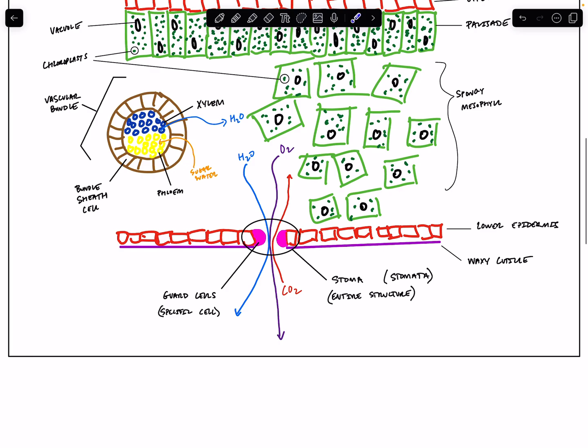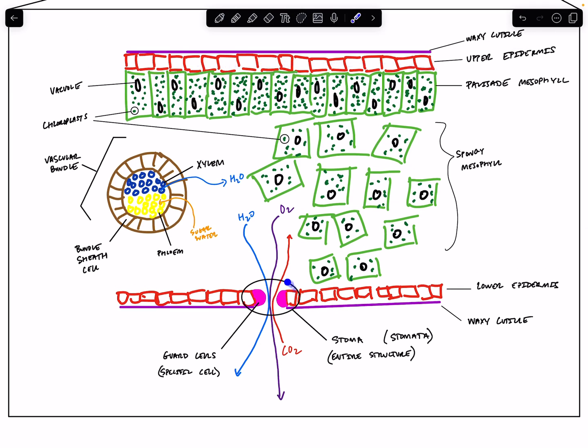But unlike the upper epidermis, it has these gaps in it, which are the guard cells and the stoma, or the stomata, if we're talking about multiple of them.